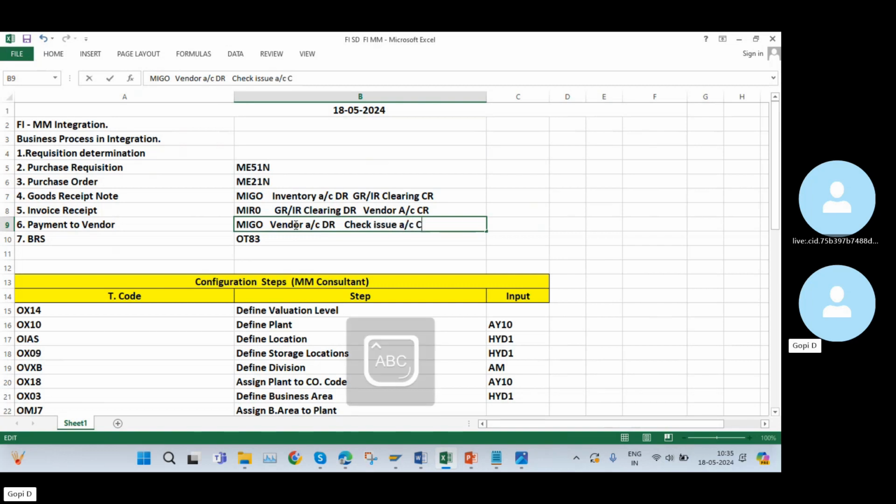Check issue account is credit. And at the time of BRS, the final entry will be check issue account debit, means check issue account is debit and main bank account is credit.